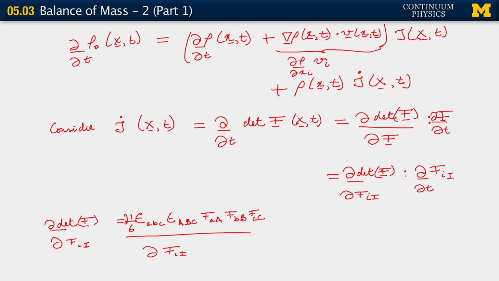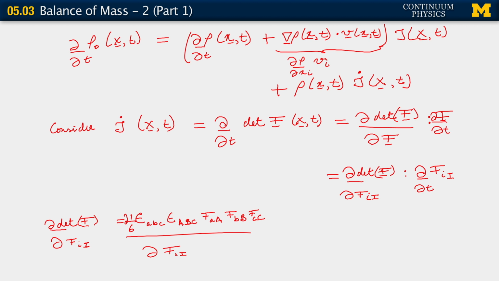Now, it's easy to do this by observing that the permutation symbols, epsilon here, are just constants, right? Just numbers. So it's really the derivative of F with respect to itself that we're talking of doing here.